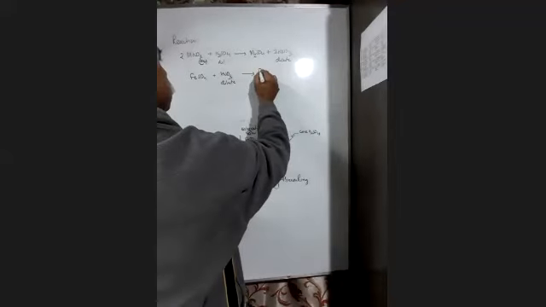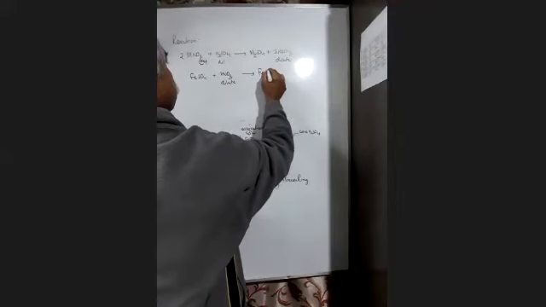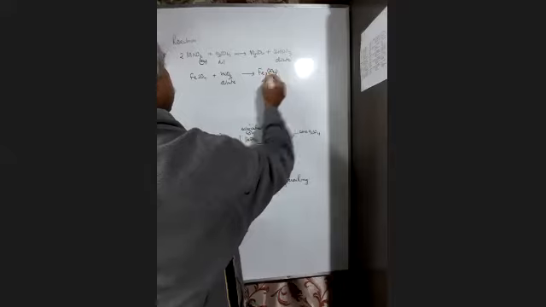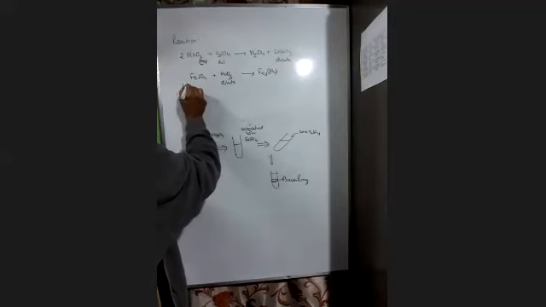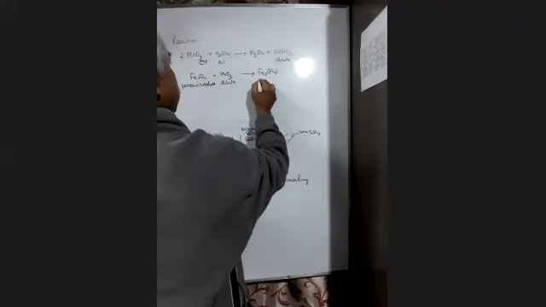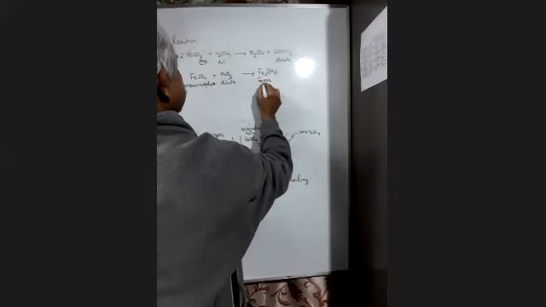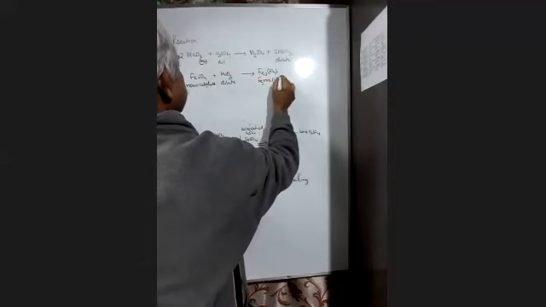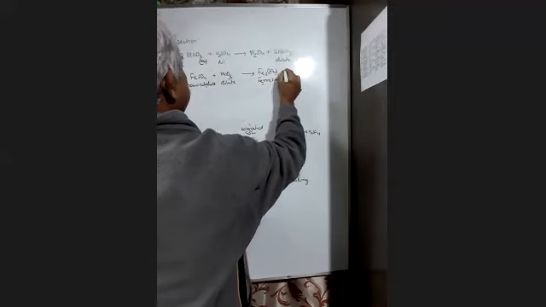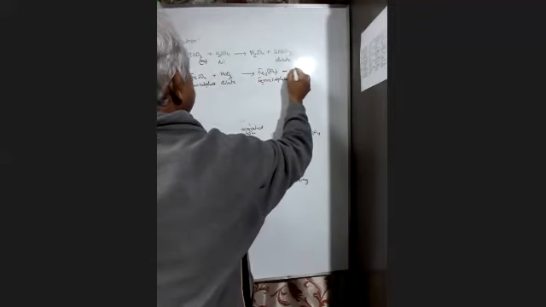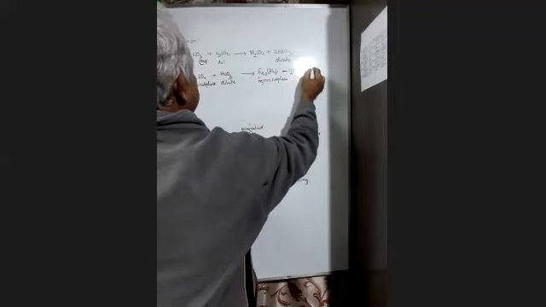So it will give you ferric sulfate. Ferrous will be oxidized to ferric sulfate. I'm not balancing this one. You get water and you get nitric oxide.